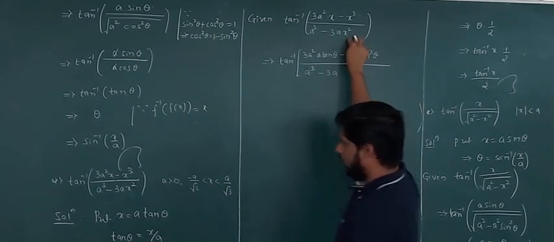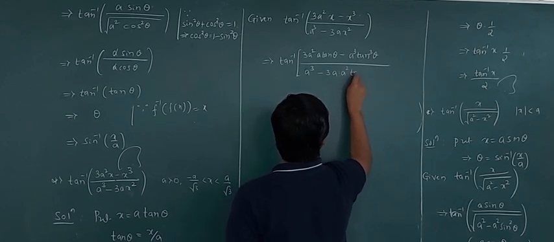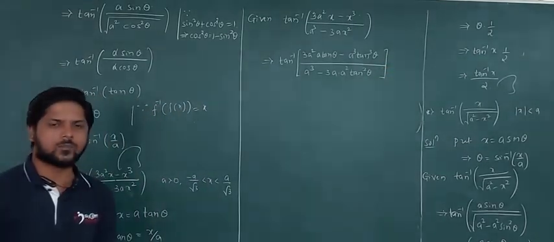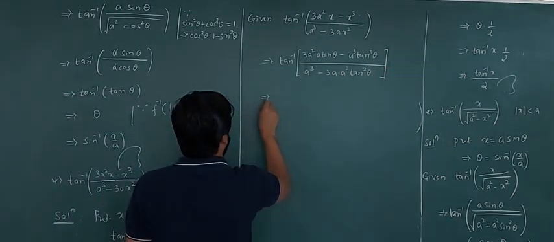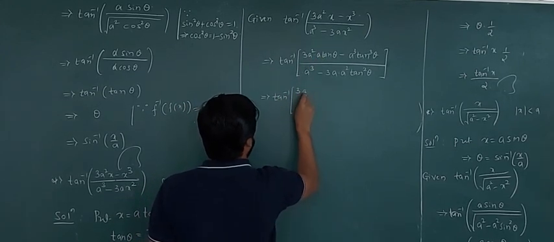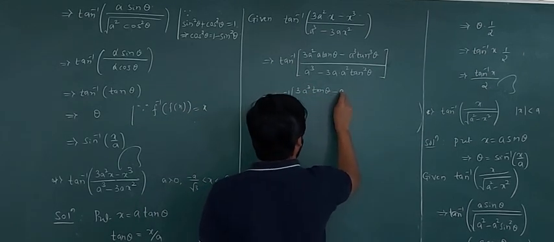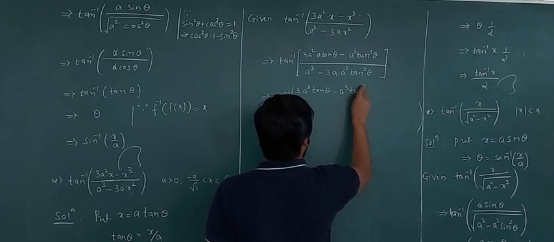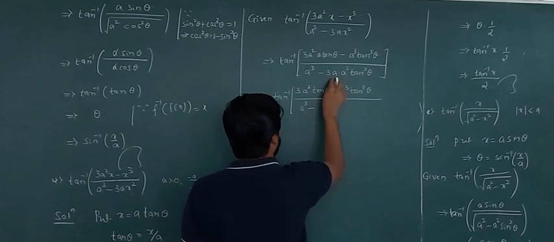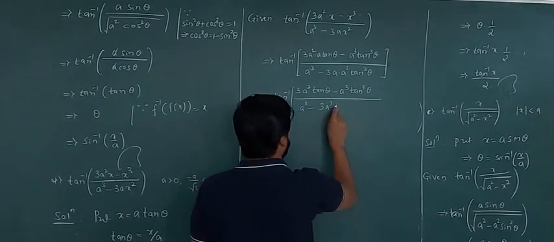Substitute the value of x here. Here it is x square, so a square into tan square theta. Simplify, we get tan inverse of 3a square into a, which is a cube tan theta, minus a cube tan cube theta, divided by a cube minus a into a square, that is a cube, 3a cube tan square theta.